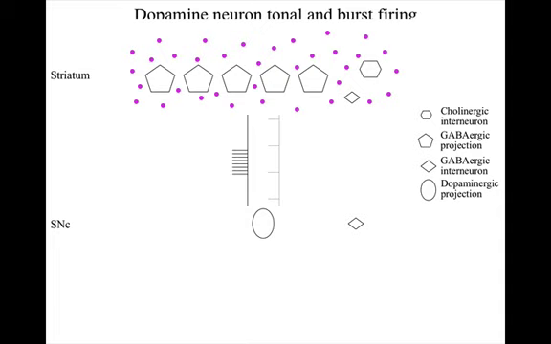Now, interestingly, the burst firing of the dopaminergic neurons doesn't affect the background concentration as much as you might expect. That's because when a burst arrives at a synapse, it also triggers higher activity by enzymes that remove dopamine from the synaptic cleft. So a relatively small proportion of that dopamine actually leaks out into the extracellular environment.